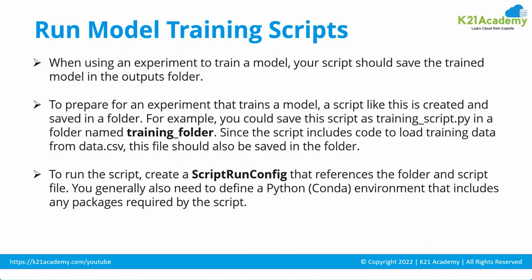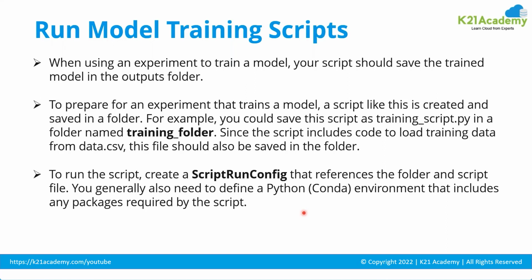When we are using an experiment to train a model, our script should save the trained models in the output folder. To prepare an experiment that trains a model, a script like this is created and saved in the folder. I'm sure you can recall all the hands-on where we had to define all the configuration details about training that model inside our training script.python file.